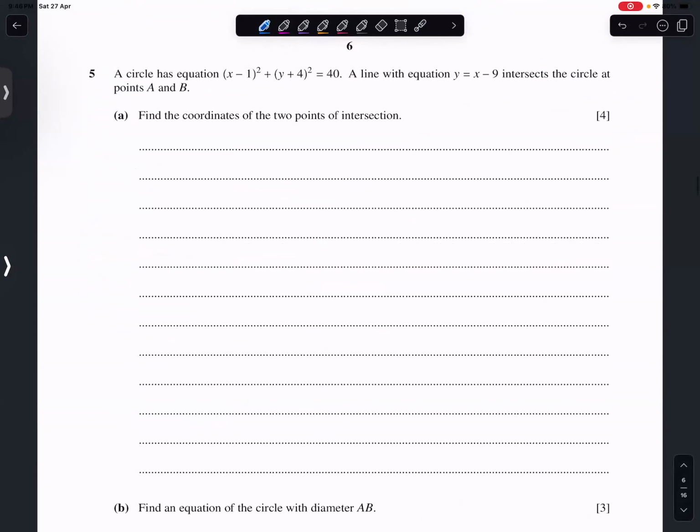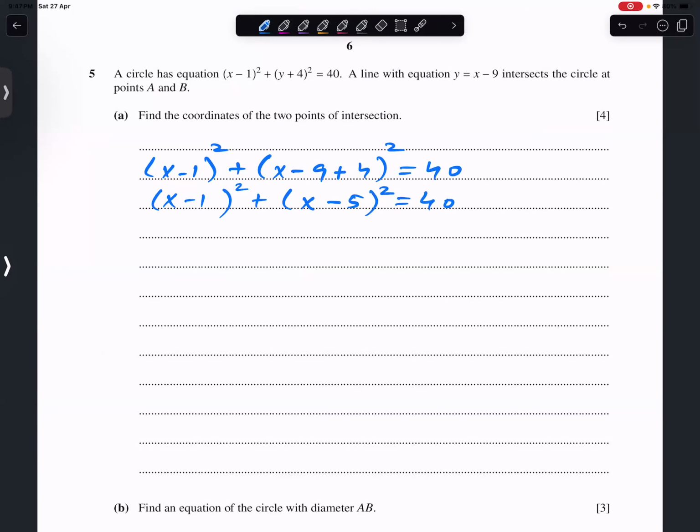A circle has this equation. A line is also given. Find the coordinates of the two points of intersection. So (x minus 1) whole squared plus (x minus 9 plus 4) whole squared is equal to 40. So (x minus 1) whole squared plus (x minus 5) whole squared is equal to 40.